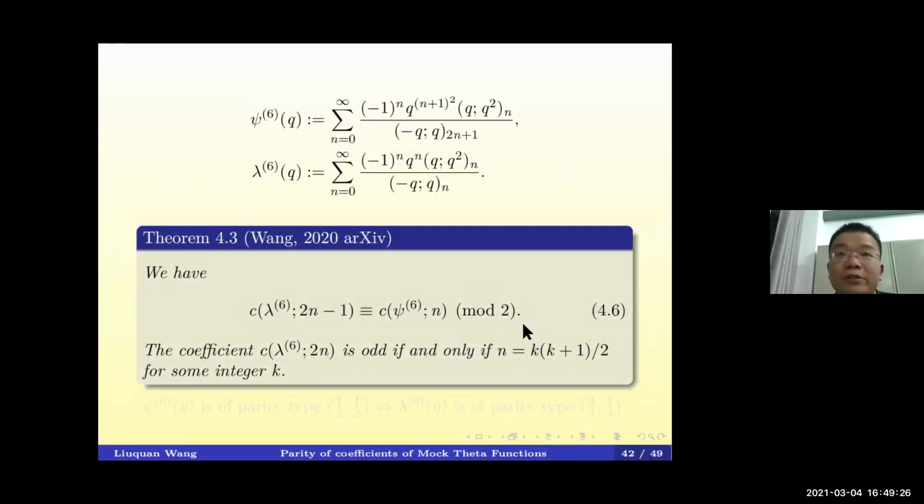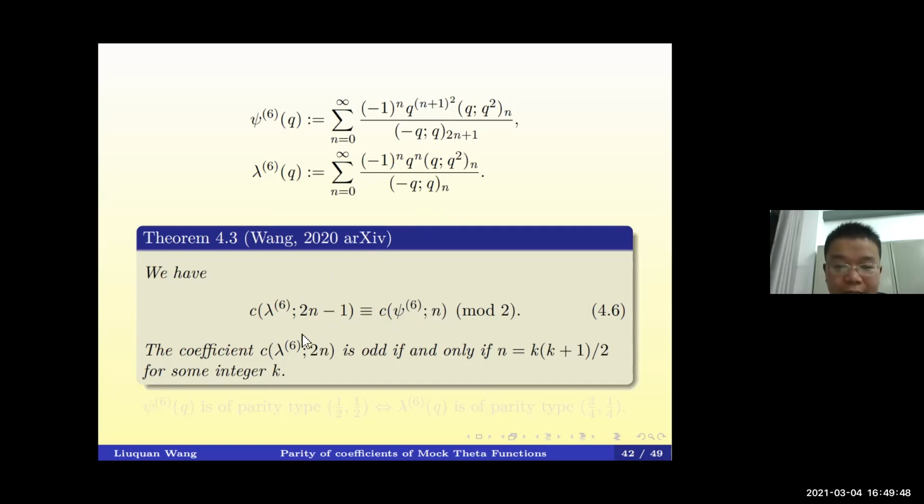As I said before, there are some relations between the Mock theta functions. Now let's see these two functions, psi of q and lambda of q. Though their definitions are quite different, we can show that C lambda at 2n plus 1 is congruent to C psi at n modulo 2.